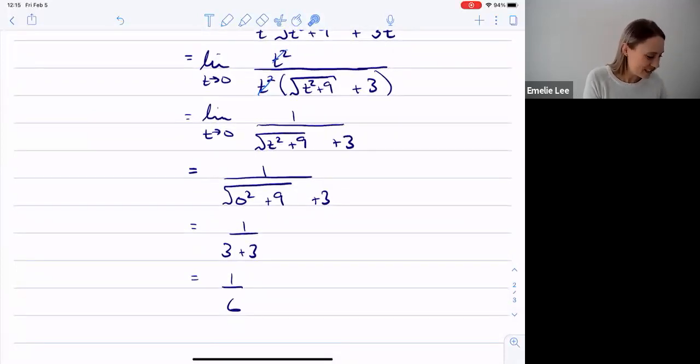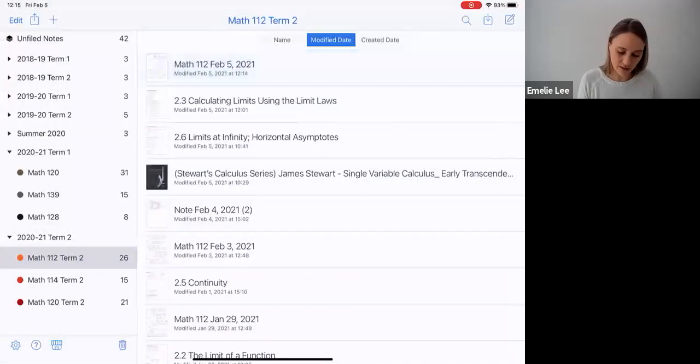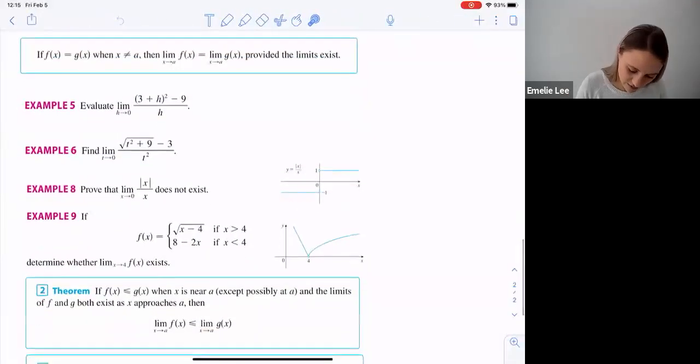All right, so let's see here. Now we're going to do some work calculating limits. Let's do example 8. I've included the graph of the root of x over x.